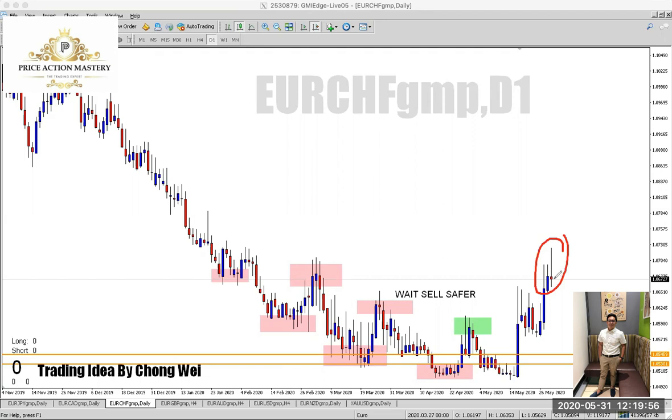If you sell, you might fall into a trap and the market goes up. A lot of sellers will come in, but later on we will go up. Those who trade this pin bar will definitely get trapped.